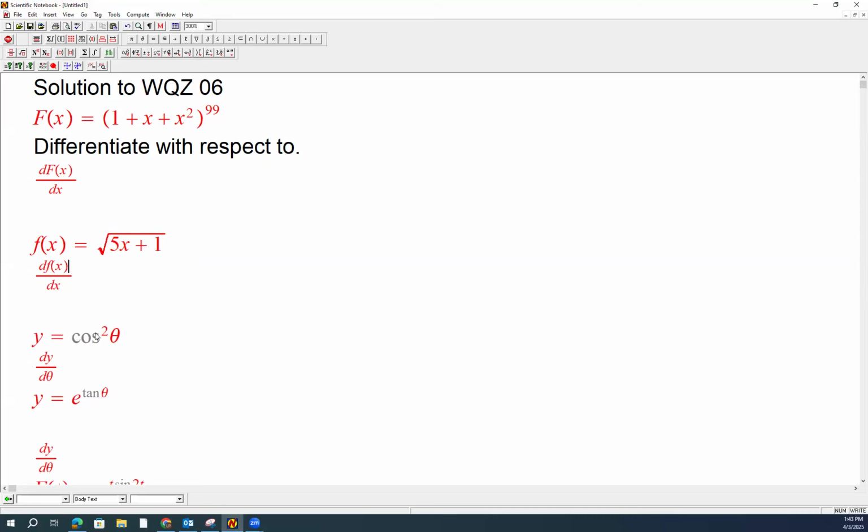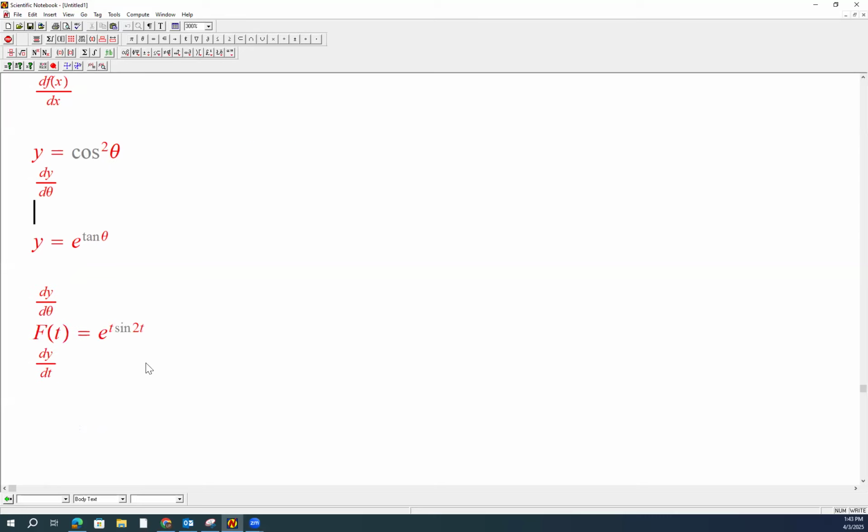If you want to introduce y, you have to introduce y. In the third question, you have dy d theta, and you don't need to make any change. And in the fourth question, dy d theta. And the last one is a capital F of t in the place of y.